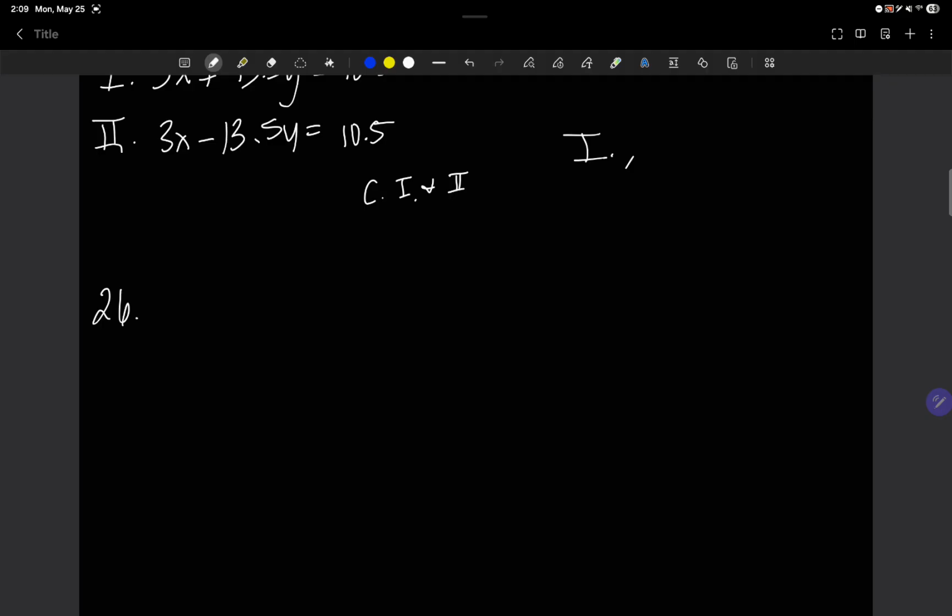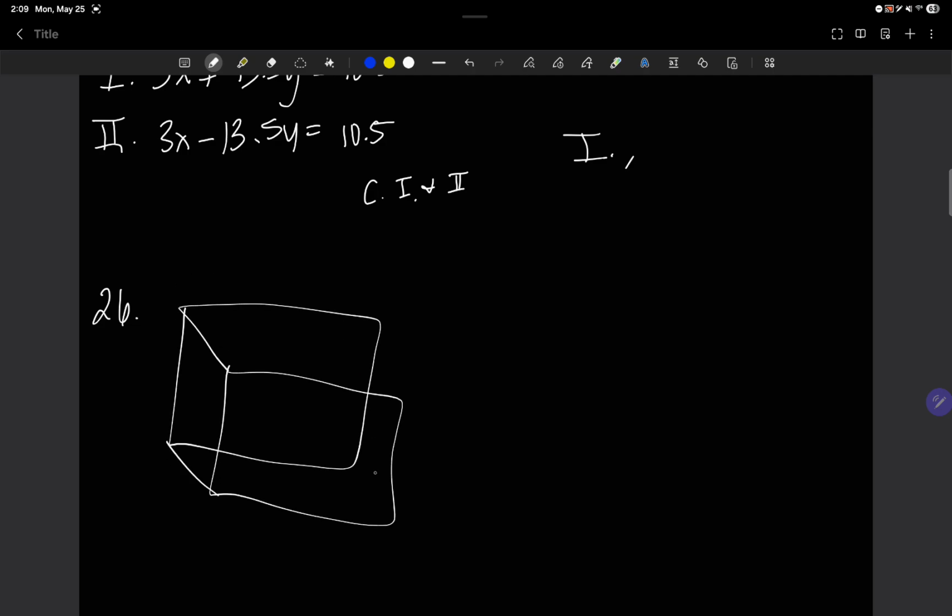A right rectangular prism has a base area of 24t square centimeters. That's a nice rectangular prism. Let's put that right angle in, and the base is down. So it's 24t. The length of the base of the rectangular prism is 8/3 centimeters, and the height is 15.